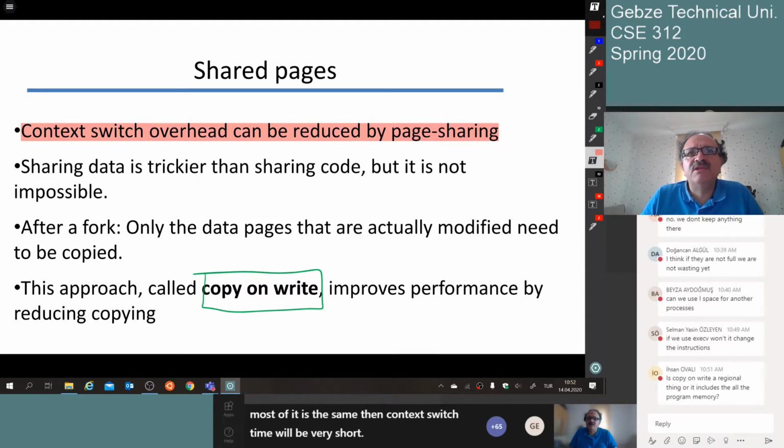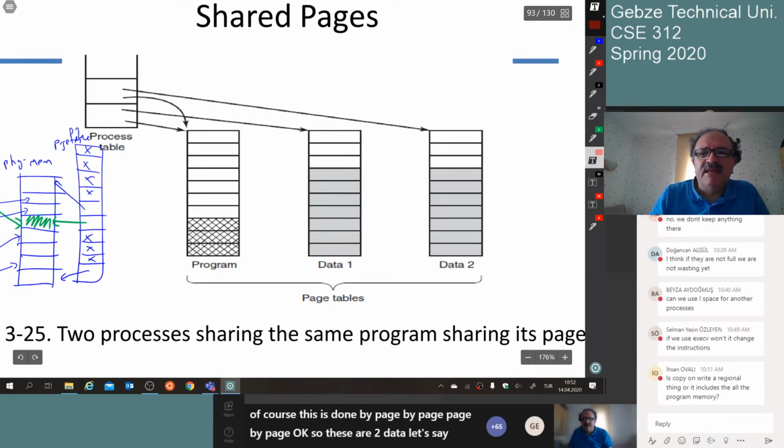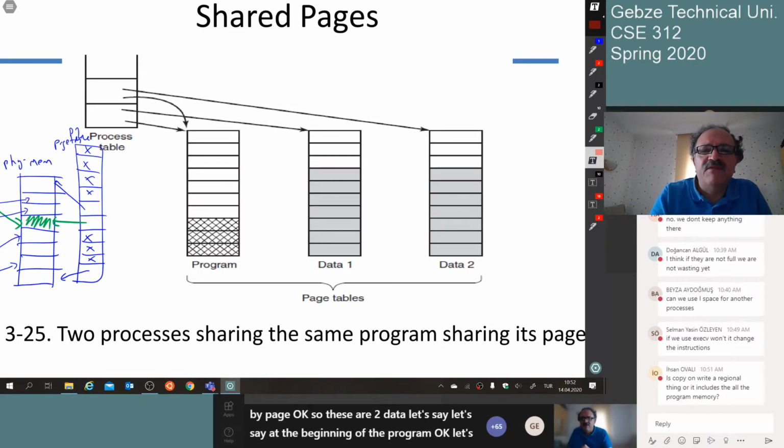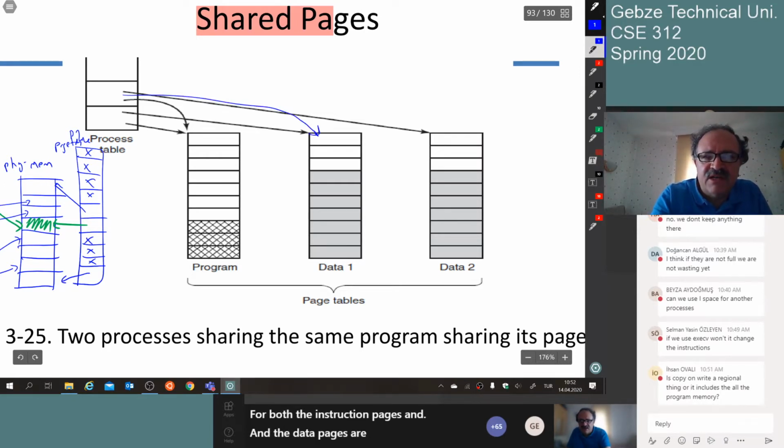Ihsan's question is whether copy on write is a regional thing or includes the whole program. No, of course it is done page by page. At the beginning of the fork, both the instruction pages and the data pages are shared, with the green arrow I showed you.